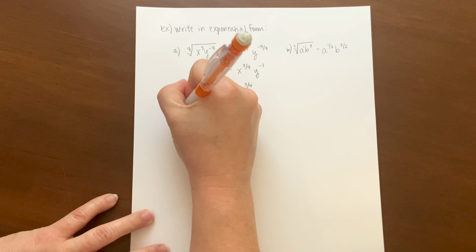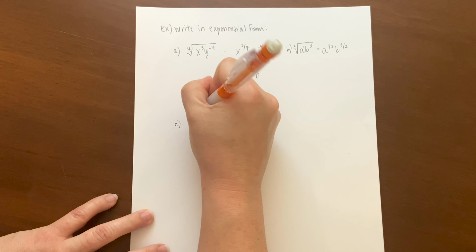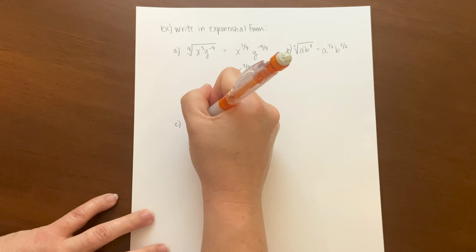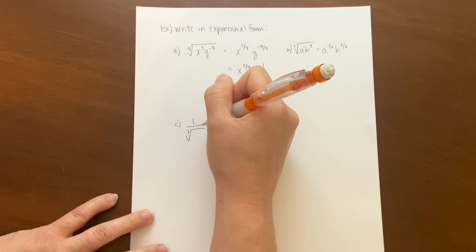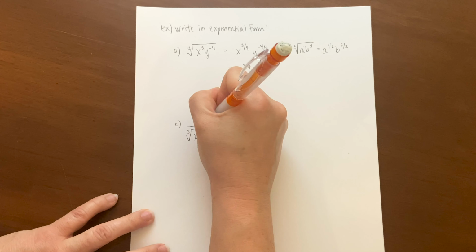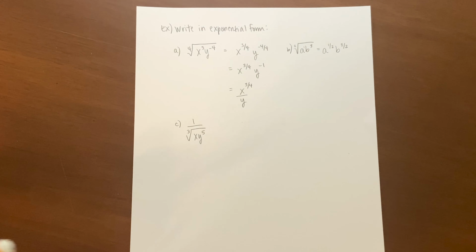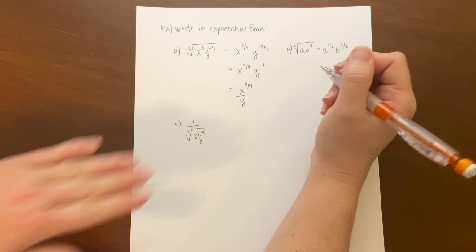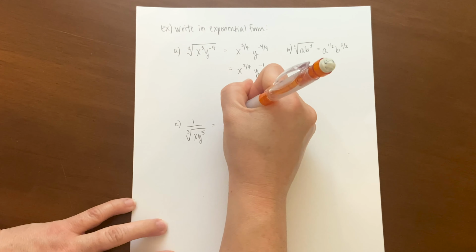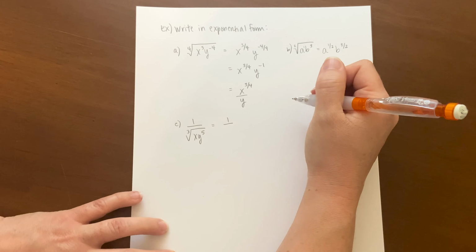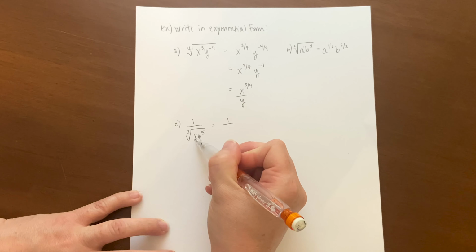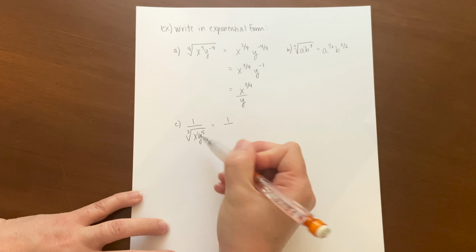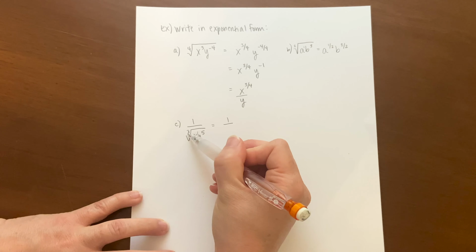Let's do one more. If we have 1 over the cube root of x y to the 5th, and we're going to rewrite that. So on the bottom, we have x, which does not have an exponent showing. It's understood to be to the 1st. The root is 3. The root goes on the bottom.